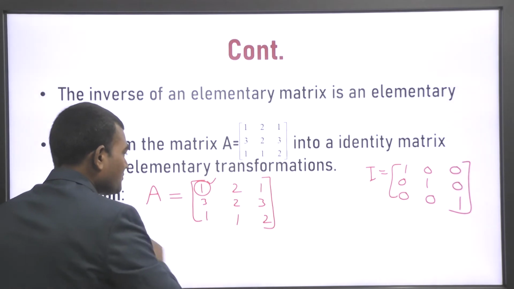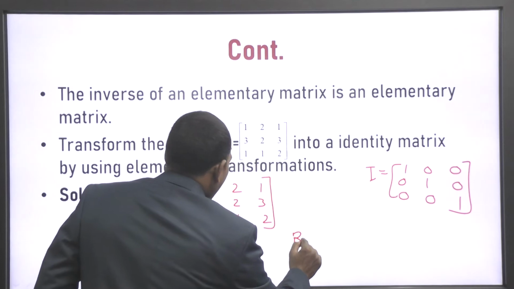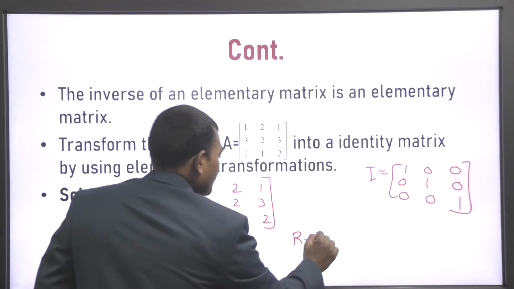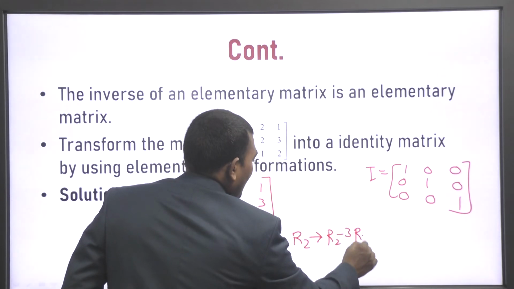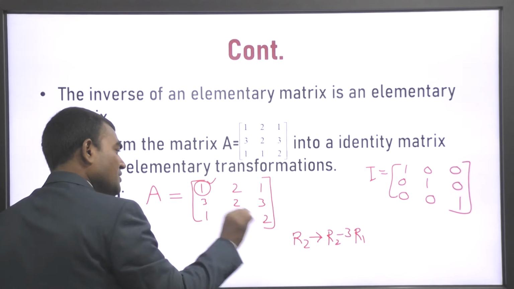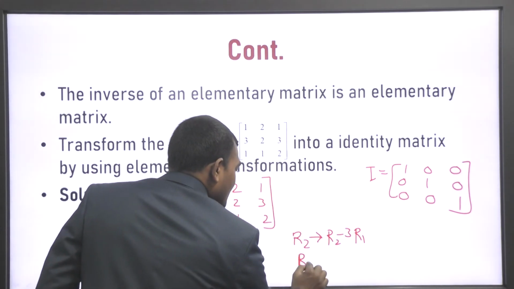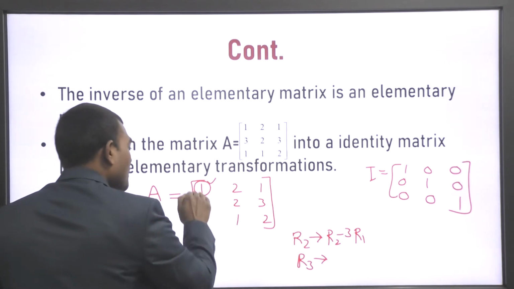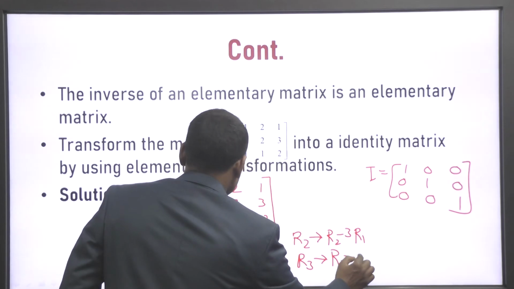R2 will be replaced by R2 minus 3 R1. Our focus is that 3 will become a 0. And R3 will be replaced by R3 minus R1.